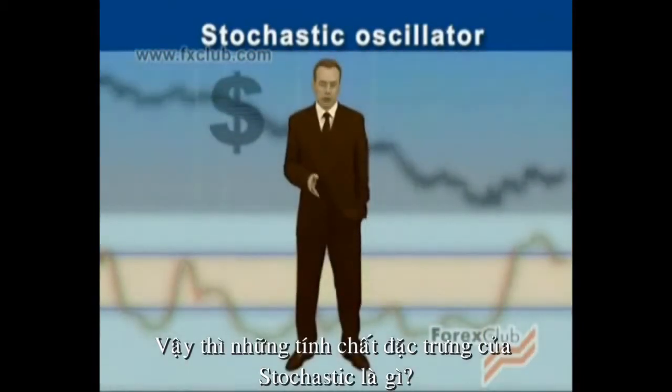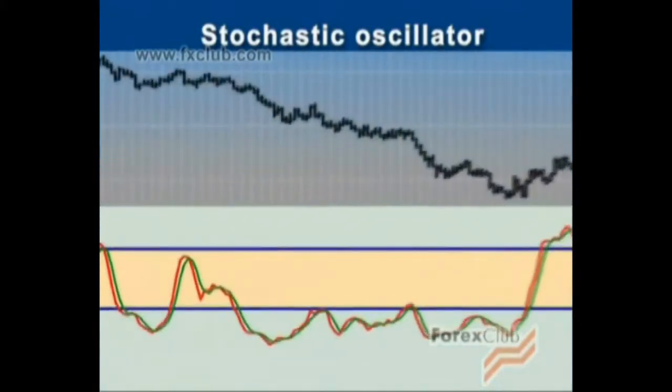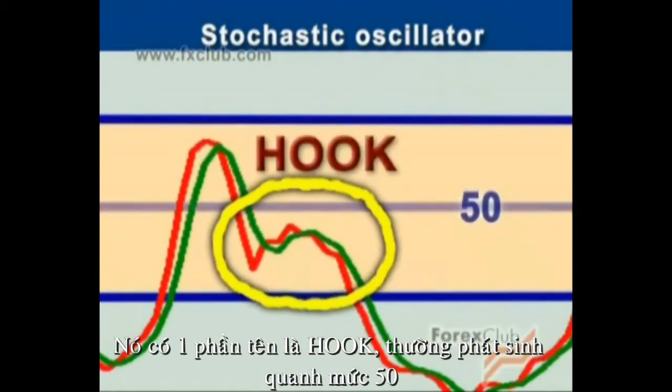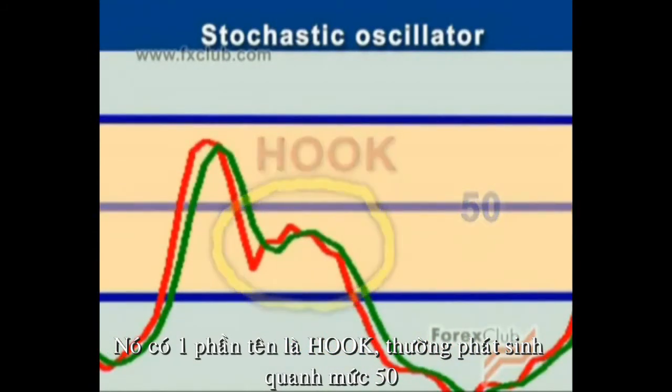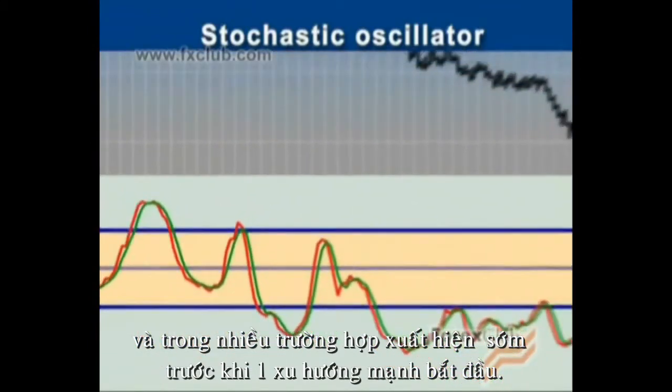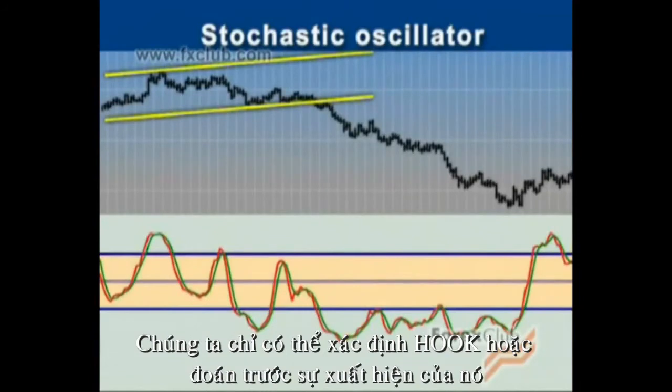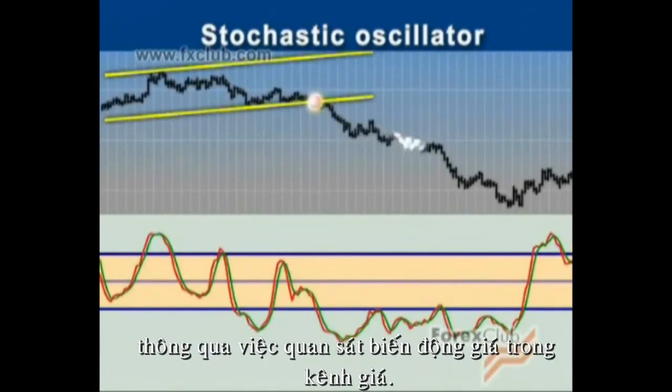So what typical characteristics does stochastic have? This pattern has its own name, the hook. Usually it occurs around level 50, and often it happens at the very beginning of a strong trend. We can only identify a hook or anticipate its appearance by watching price activity within the price channel.